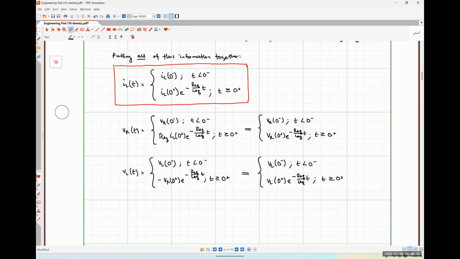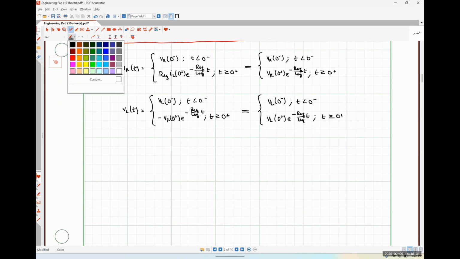So what I'm going to do now is come up with an even more generic representation that we can use for literally any quantity in one of these systems. I'll do this in purple. In general, for an RL system, our natural response, I'm going to call Y sub n of t.